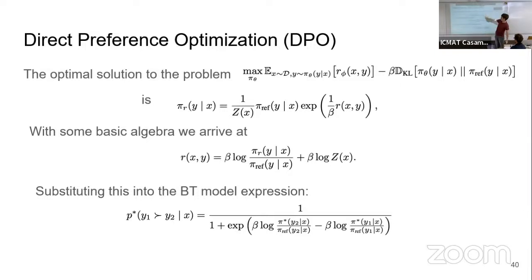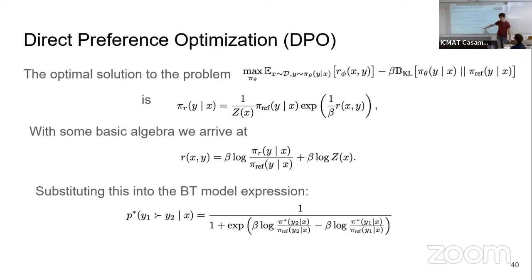So the optimal model satisfies this. But that depends on the reward. We can just solve for R, and we get that the optimal reward has this form. Since this is a closed-form expression for the reward, we can plug it into the preference model.